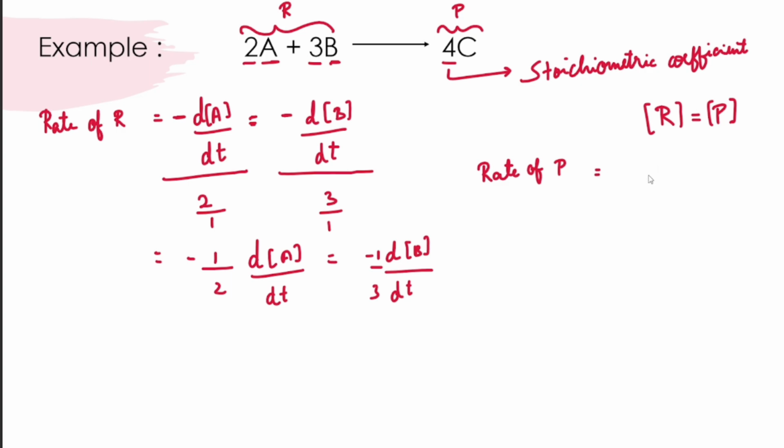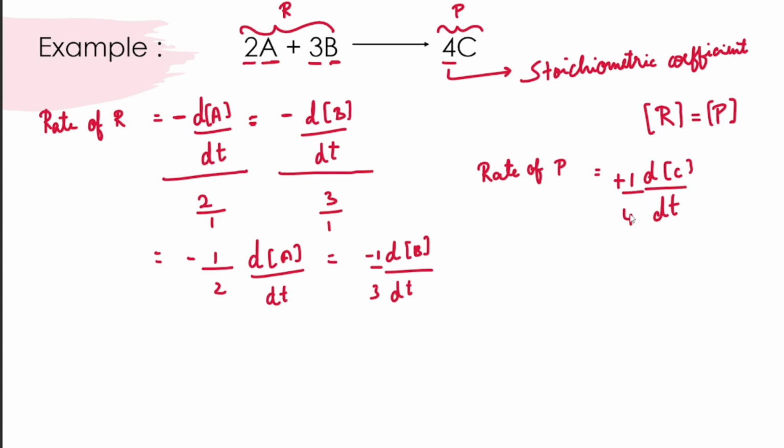That will be d of C by dt. Here the sign will be positive as the concentration of the product will be increasing. And always keep in mind the stoichiometric ratio will be the reciprocal of the number, that is 1 by 4. So this is the rate expression for the product.